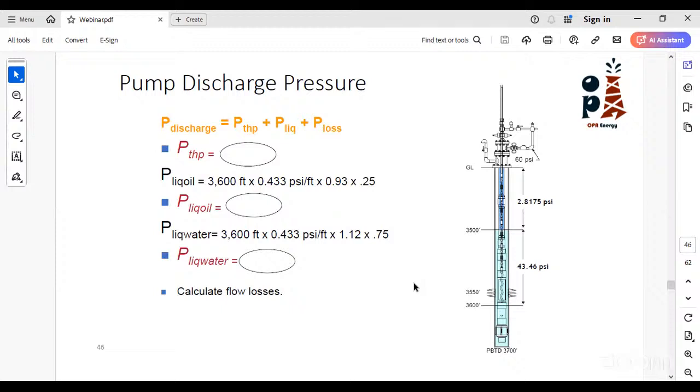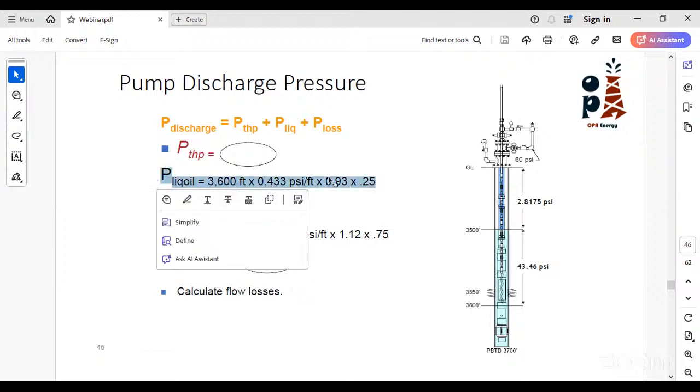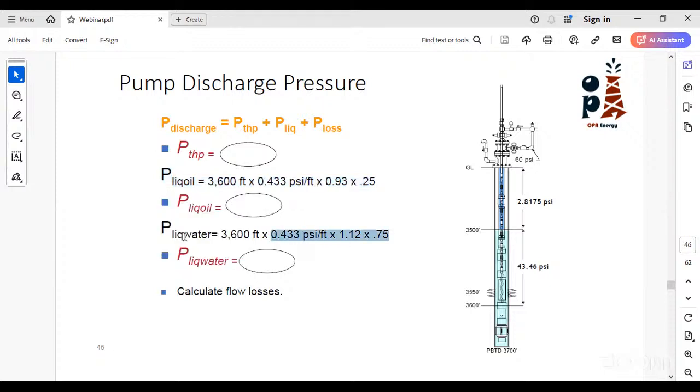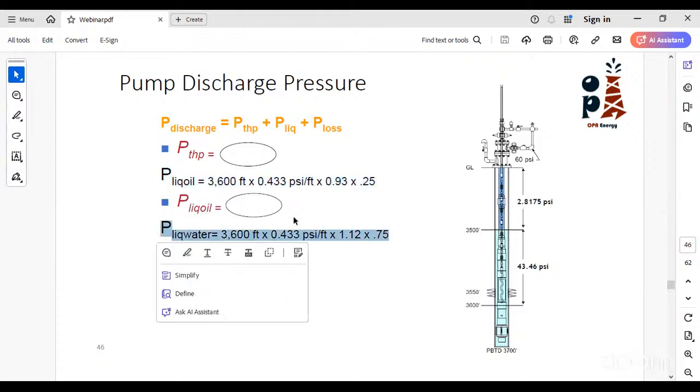Now the pump discharge pressure. The pump tubing head pressure is 55 psi, as we have seen from the given data. For the 25% oil, from the specific gravity of the oil, you can get the hydrostatic column that this oil represents. And also for the portion of the water, you can calculate the hydrostatic column of the water.